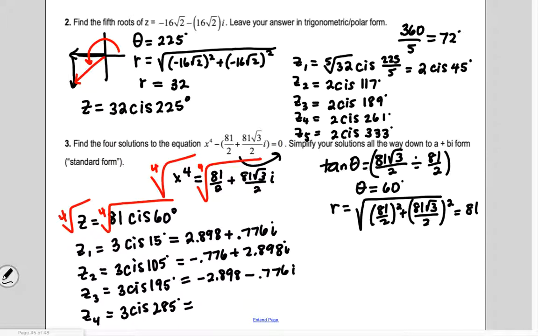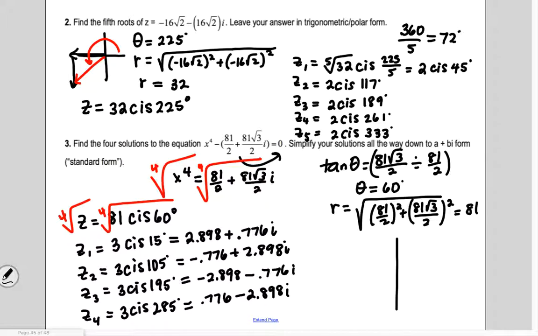Yeah, you think there's a little bit of a pattern there? You're right, there is a little bit of a pattern. Cosine of 285 times 3. Okay, so there's a pattern for that one because of the rotation of 90 degrees.